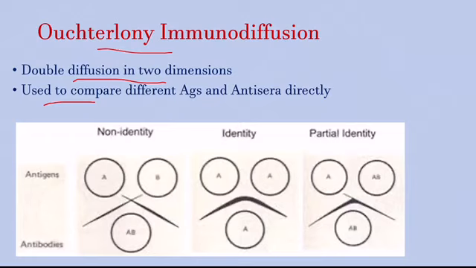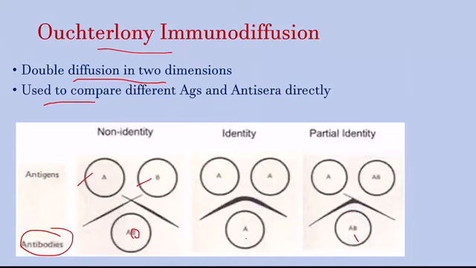Here the agar gel is poured on a slide and the wells are cut. The antiserum, meaning the antibodies, is placed in the central well, and the different antigens are placed in the surrounding wells.